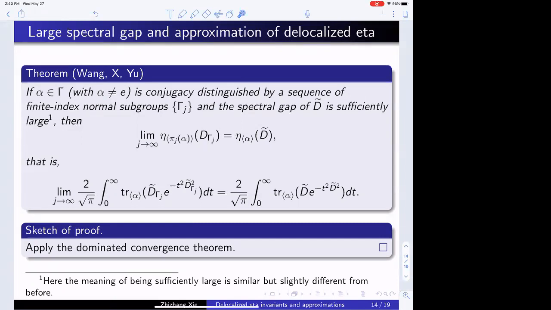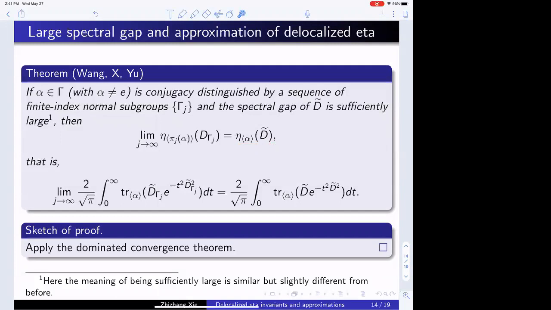If you have a group element alpha, not the identity, whose conjugacy class is distinguished by a sequence of finite index normal subgroups, and suppose the spectral gap of D tilde is sufficiently large, then this finite analog of the delocalized eta invariant does converge to the delocalized eta invariant on the big cover, the Gamma cover.